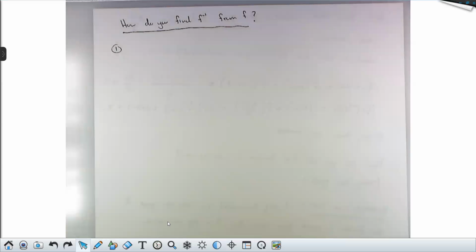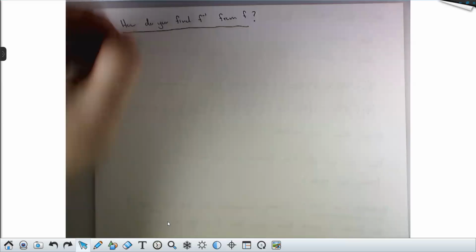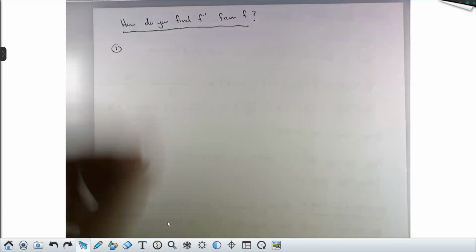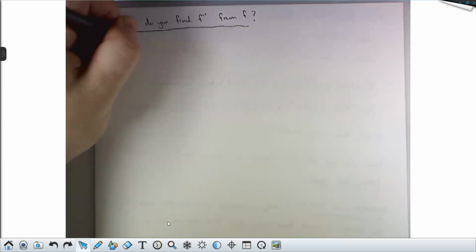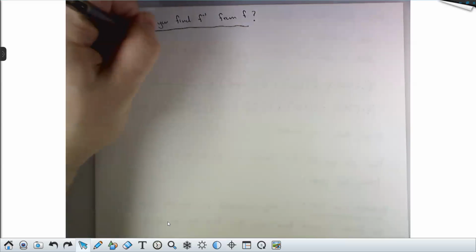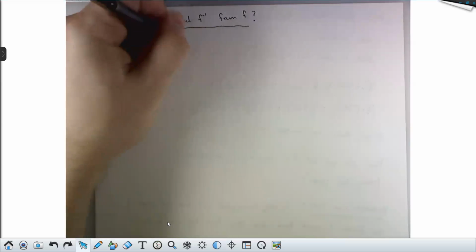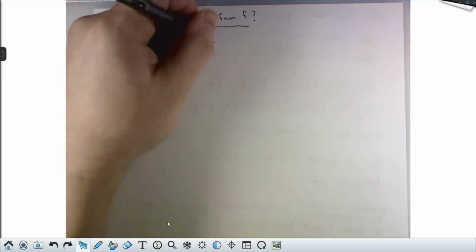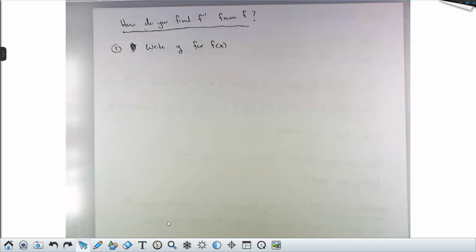And this might be a little bit different than what you learned in high school or elsewhere, so I want you to pay careful attention. First, write y for f of x. So if you've got f of x equals 2x minus 7, you're going to rewrite that as y equals 2x minus 7.